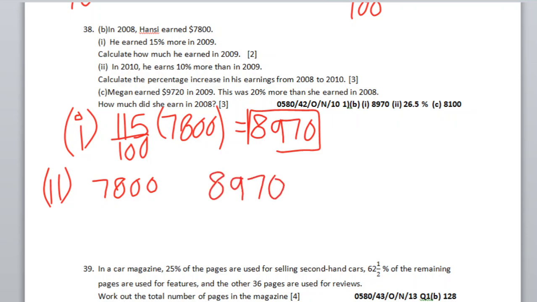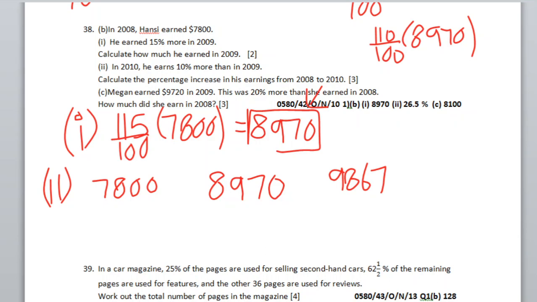And in 2010, he earned 10% more of this value. So to find 10% more, simply do 110% of 8,970. 110 over 100 times 8,970 gives us 9,867.